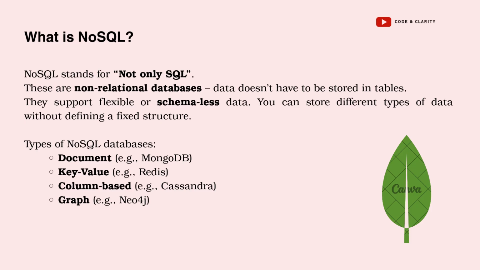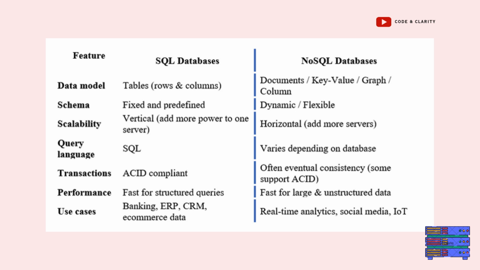Suppose the first JSON contains ID colon 1, then the second line is name colon Rahul, the third line is skills colon, and in an array you write down Java, SQL, and the next entry even can have a different structure. So you need not define the columns in advance. So these are the non-relational databases. Data doesn't need to be stored in tables. They support flexible or schema-less data. You can store in different types.